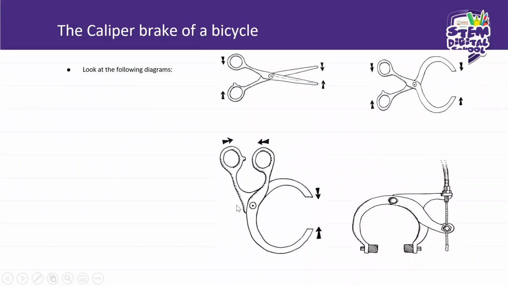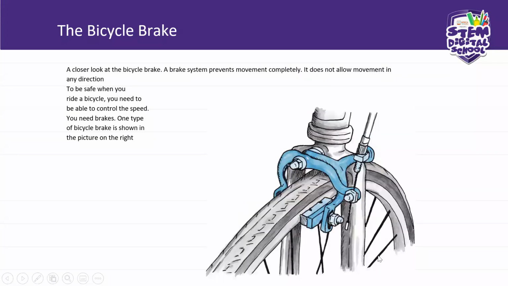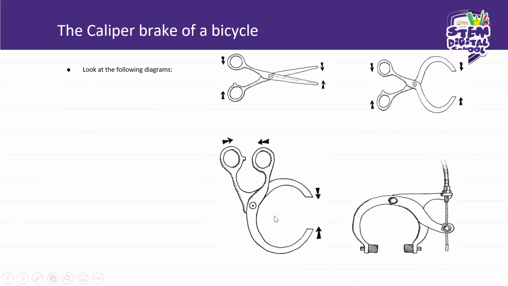Now, these brakes, we call them caliper brakes. Now, let us study them. To understand how the caliper brakes are made, you would have to understand maybe these illustrations. Imagine a pair of scissors, okay?